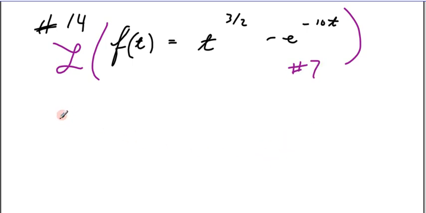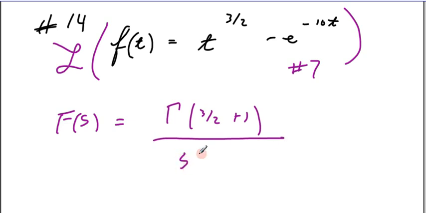And we're going to come up with f of s is equal to gamma function of 3 over 2 plus 1 divided by s to the 5 over 2 minus 1 over s plus 10. So isn't that nice?